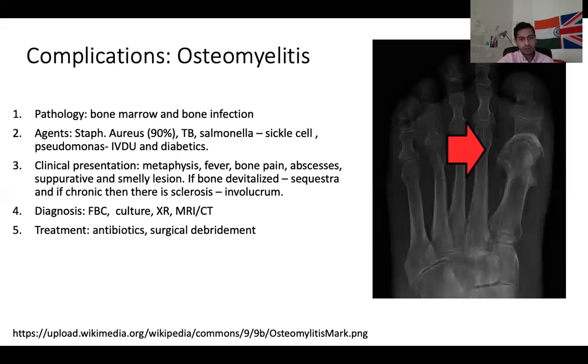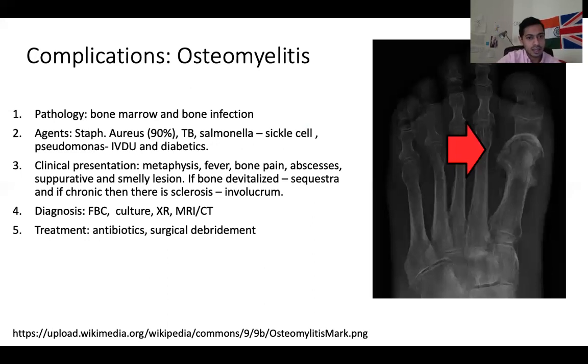And thirdly, it can also be caused by direct contact. So we're talking trauma here, some nasty injuries, which can lead to usually non-colonizing bacteria to enter the bone and the skin and cause a nasty infection.